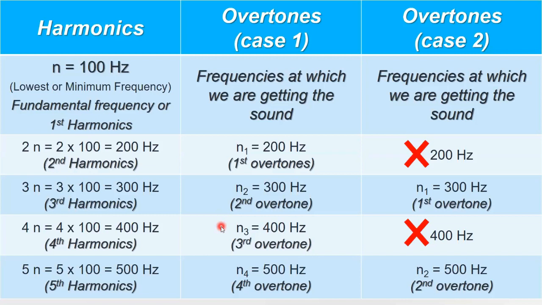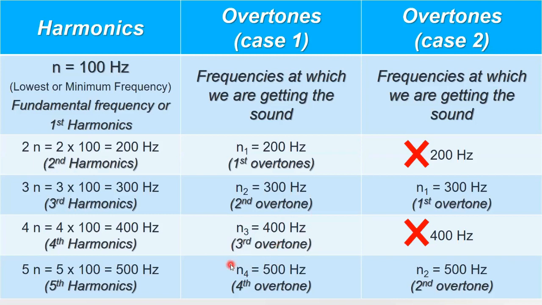So the next frequency which we are getting in the given sound is 400 Hertz. So we'll call it the third overtone, and this 400 can be written as 4 into N. So it is your fourth harmonic. So 400 Hertz is the frequency of the fourth harmonic or the frequency of the third overtone.